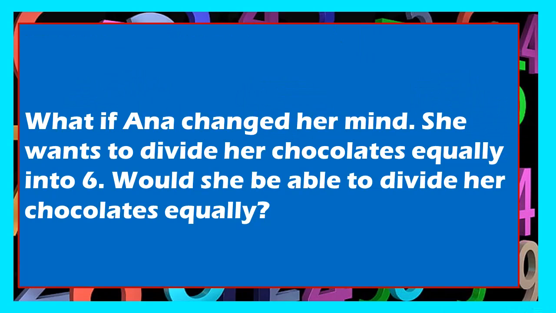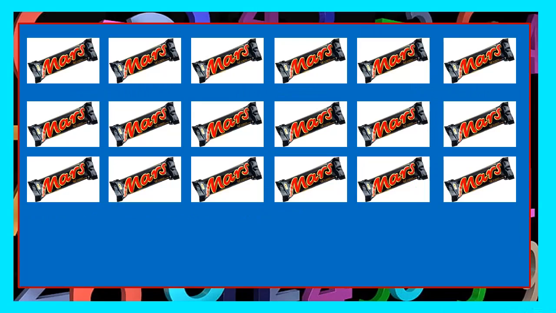What if Anna changed her mind? She wants to divide her chocolates equally into 6. Would she be able to divide her chocolates equally? So, using the same number of chocolates, let's see if Anna can divide these 18 chocolates into 6 equally.